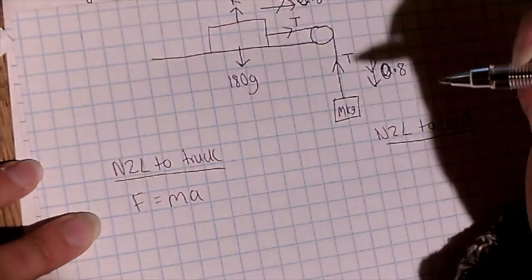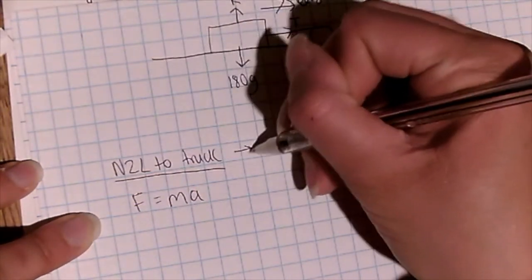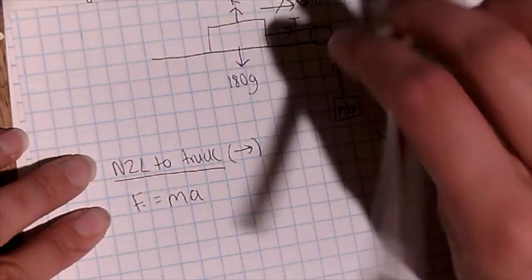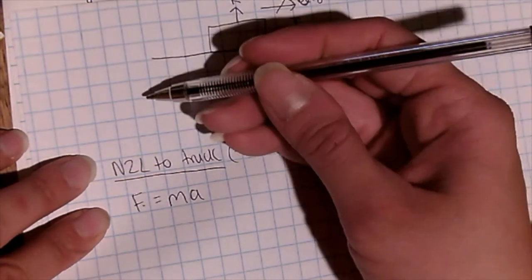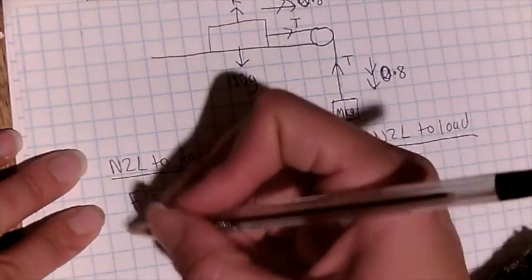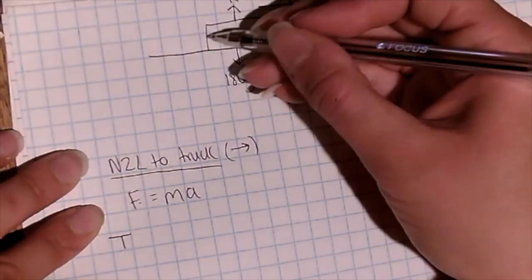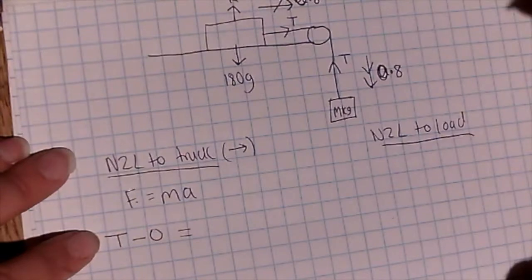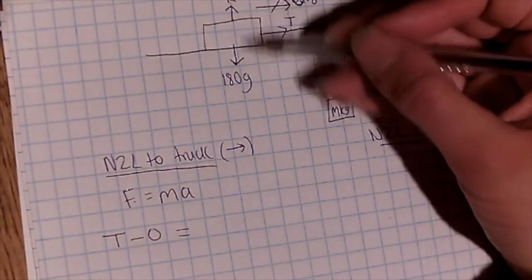Now let's make a note of direction. The truck is moving to the right. So when we're talking about the force, we mean the force to the right minus the force to the left. So the force to the right is the tension in the rope, but there is no force to the left, so it's minus 0. So don't be confused with R and 180g.